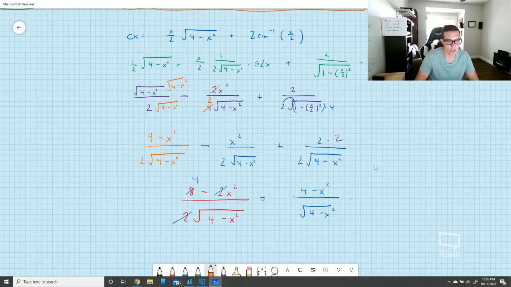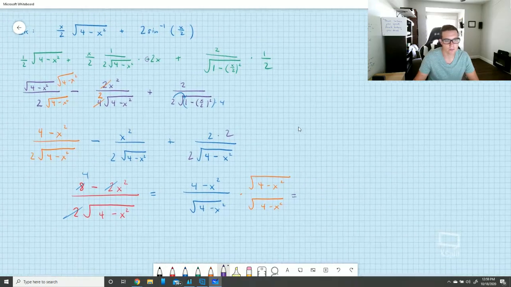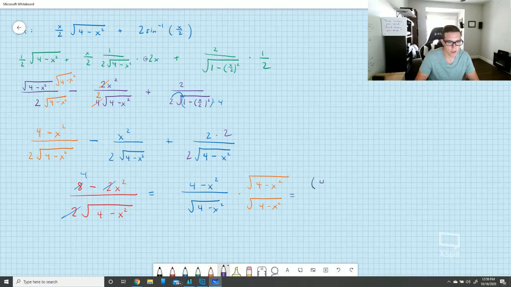Finally, I'm going to rationalize the denominator by multiplying by the denominator. Well, what that does is we end up with 4 minus x squared times rad 4 minus x squared up top all over 4 minus x squared on the bottom. And lo and behold, we end up with rad 4 minus x squared.